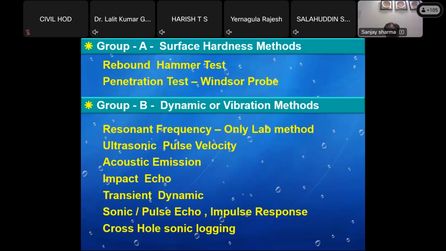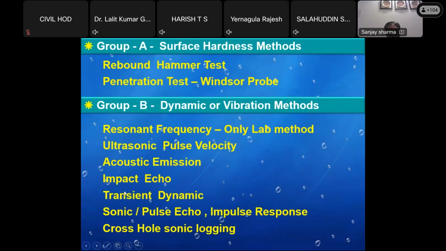In NDT, you have the surface hardness methods, dynamic or vibration methods, and under this you have the rebound hammer, which is used on the surface. It measures the hardness of the surface, and that hardness has been correlated with the strength. So these are the two methods.